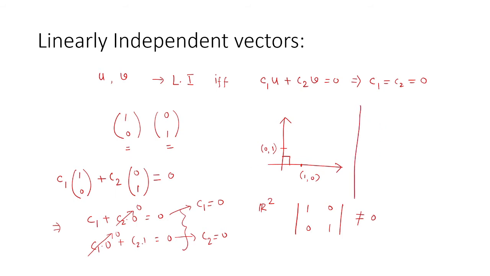Now the general theorem suggests, for example, if these are two vectors u and v, and theta is the angle between these two vectors, if theta is not 0 and not pi, that is 180-degree, then we call u and v linearly independent.